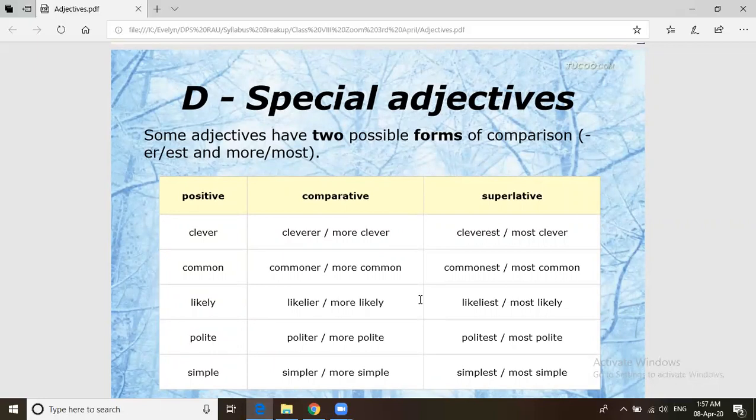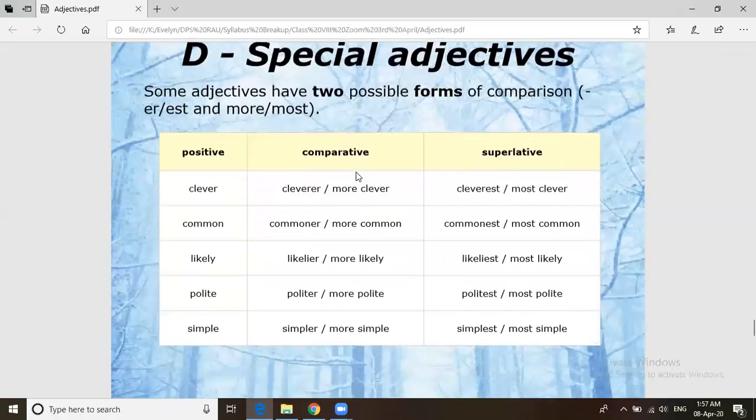You say, we had learned that clever is followed by cleverer and cleverest, but then somebody is calling a person more clever, or in superlative degree as most clever. So this is just to tell you that there are some accepted variations also. And these are just a few of them.